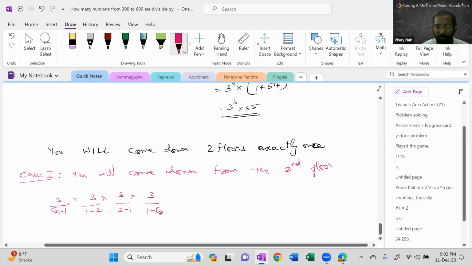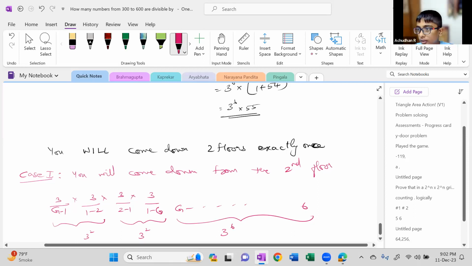Just pause there. So what Achyutan is saying is, look, from ground to the 2nd floor, there are 3 square ways. From 2nd floor to the ground floor, there are 3 square ways. From ground floor to the 6th floor, we had seen there are 3 power 6 ways. Sir, can you continue?